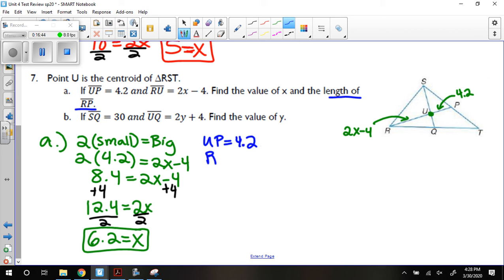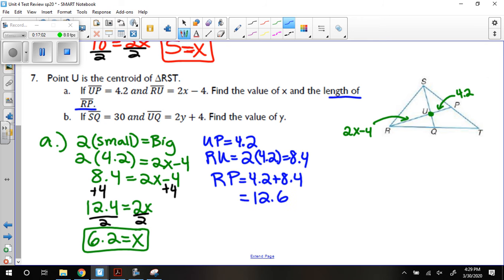We know that RU is 2 times the small piece, 4.2, which is 8.4. So to figure out R to P, you just add those up, 4.2 plus 8.4, which makes 12.6 for RP.